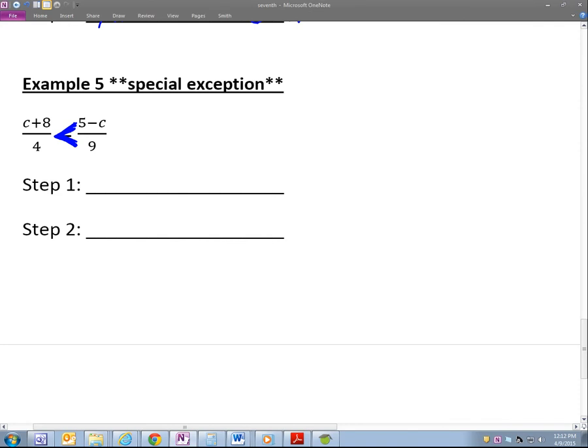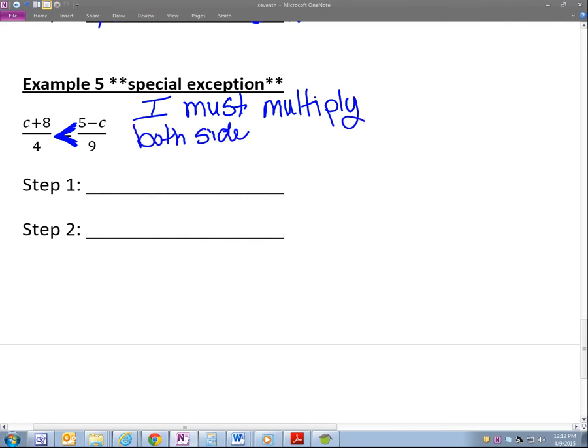So when we have fraction bars on both sides, I must multiply both sides by the product of the denominators.